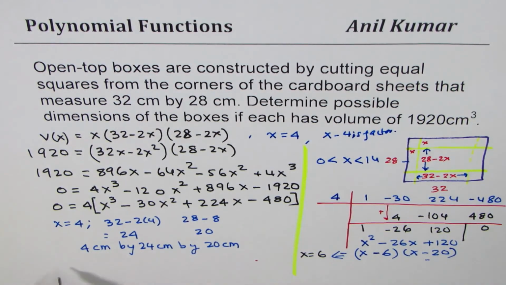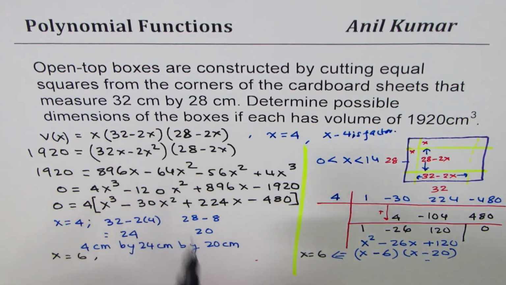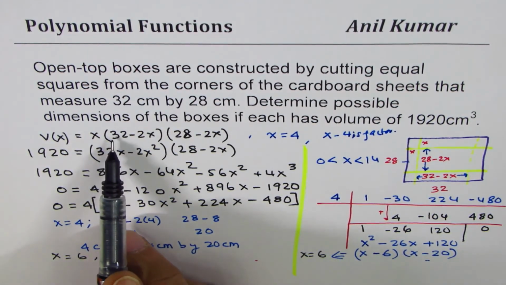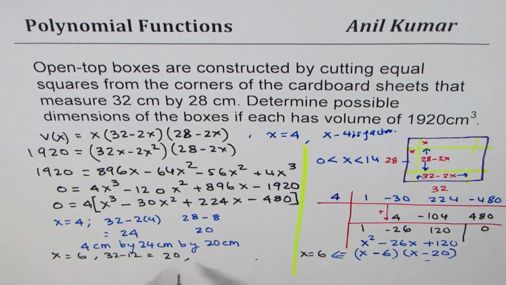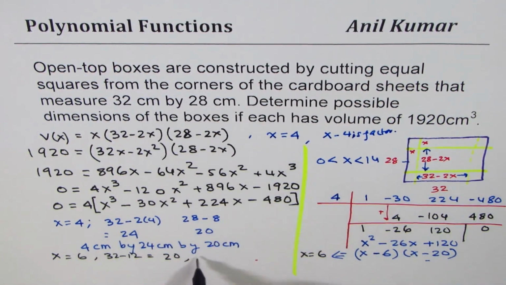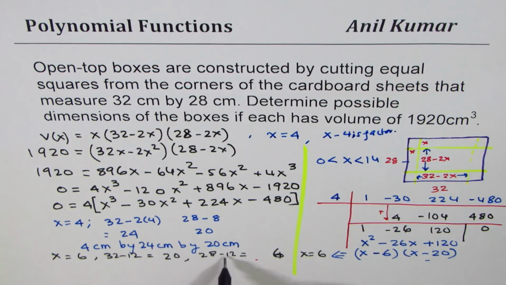So therefore, we can have another set which is x equals 6, and that gives me the other dimensions as 32 minus 12, which is equal to 20, right? And 28 minus 12, which is 16.